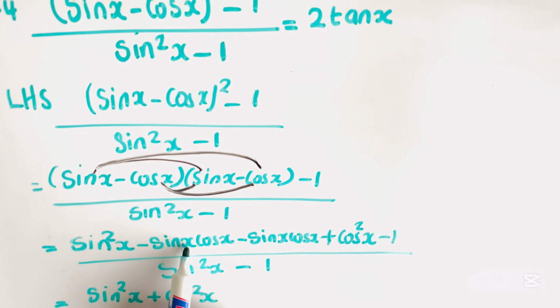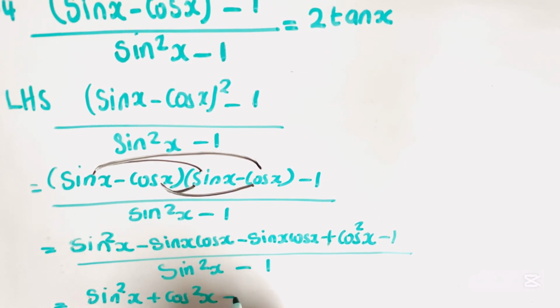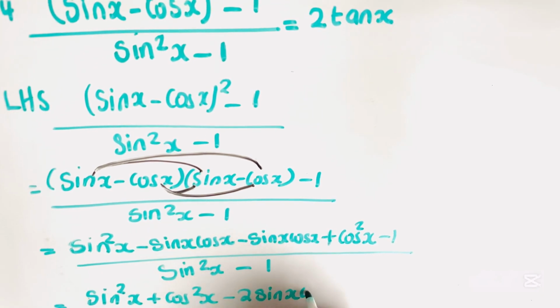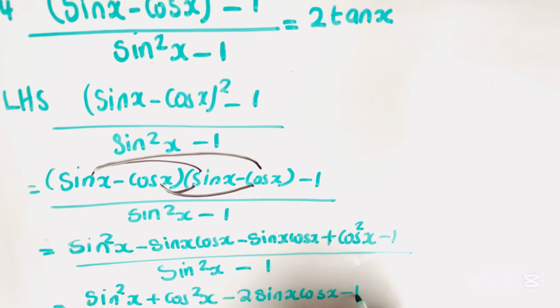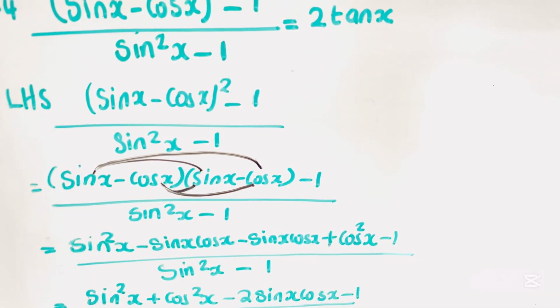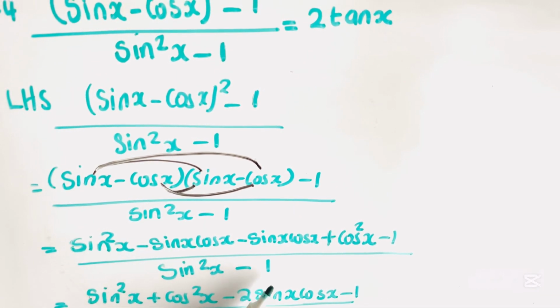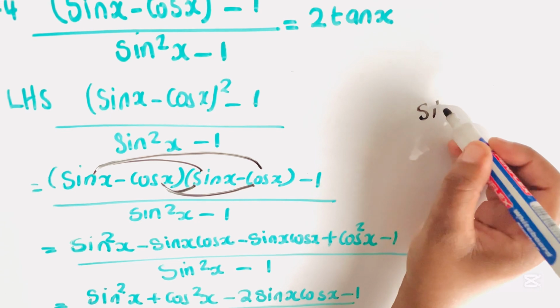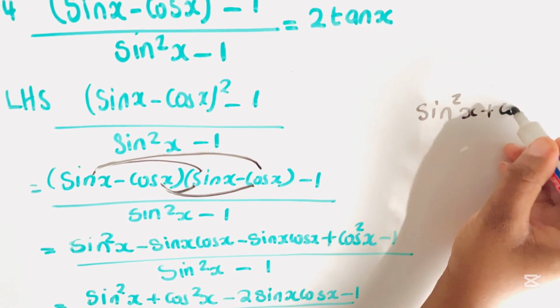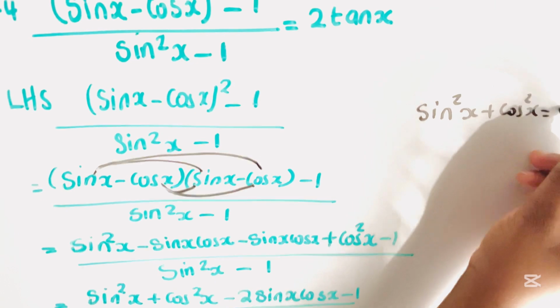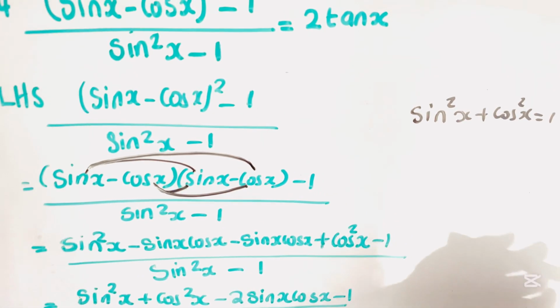Negative sine x cos x minus sine x cos x is minus 2 sine x cos x. Then we keep the minus 1. This is sine squared x minus 1. This is sine squared x plus cos squared x equated to 1.